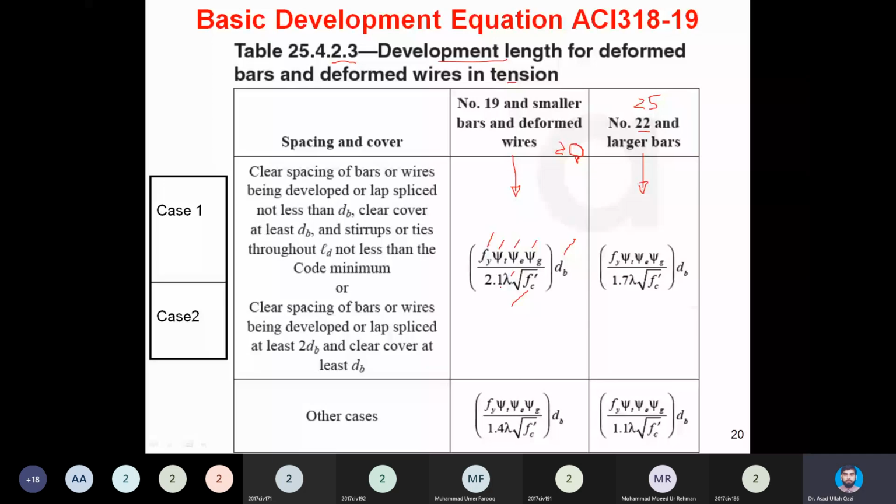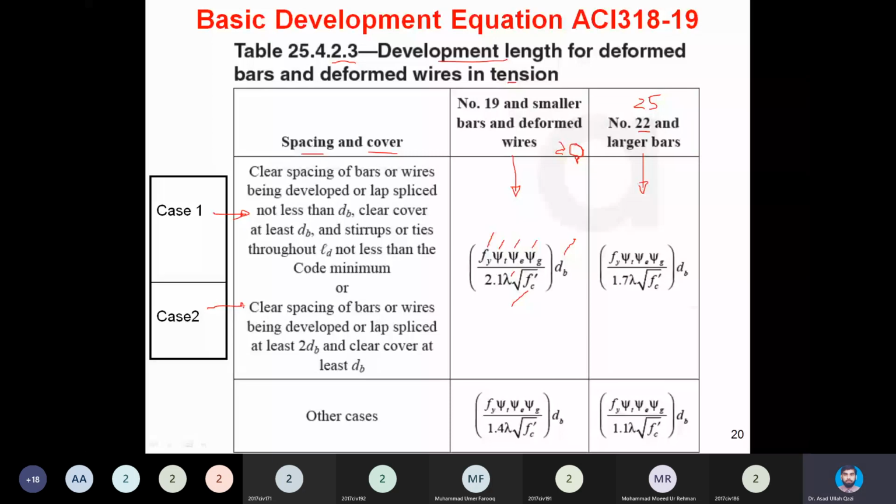And in the first row, you will find that in the first column, there is some description of spacing and cover provided. I have given the name of the first paragraph as case 1 and the second paragraph as case 2.